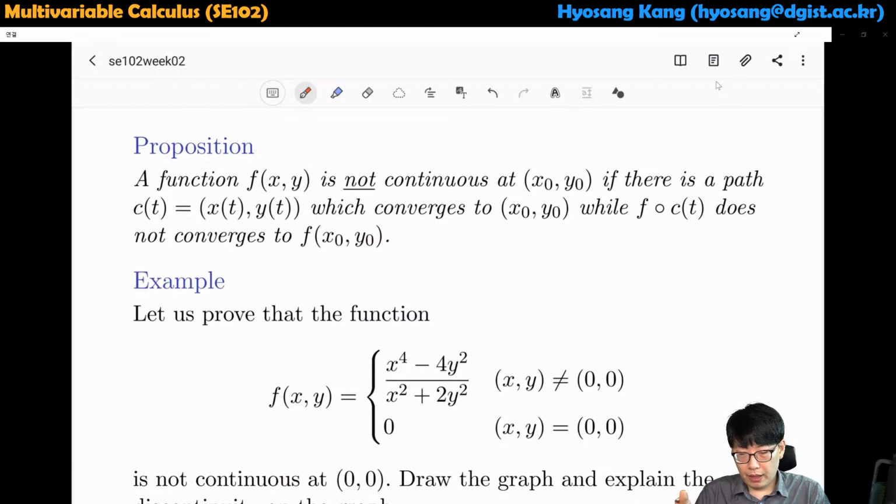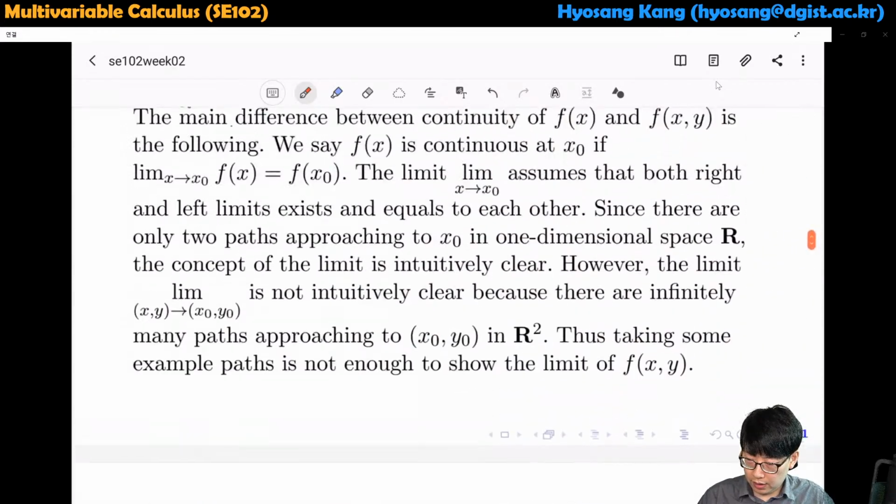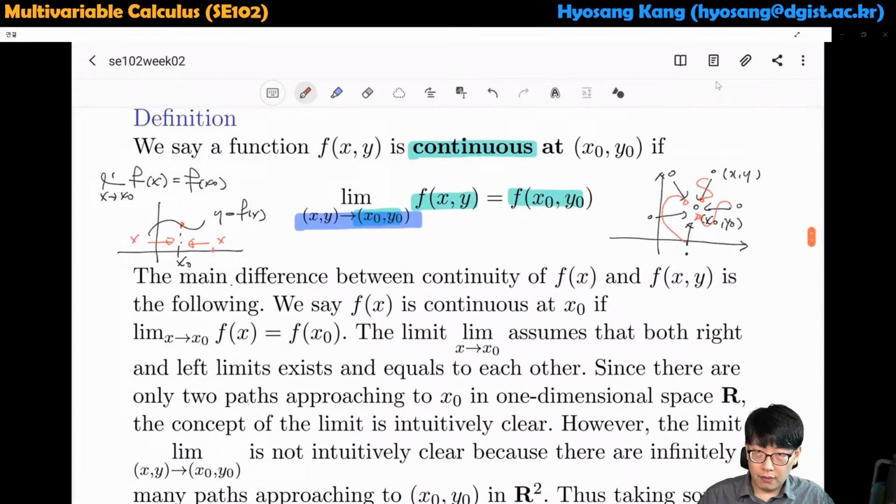However, if you want to disprove the continuity of a function, then you have to show there is a trajectory where this equality fails.